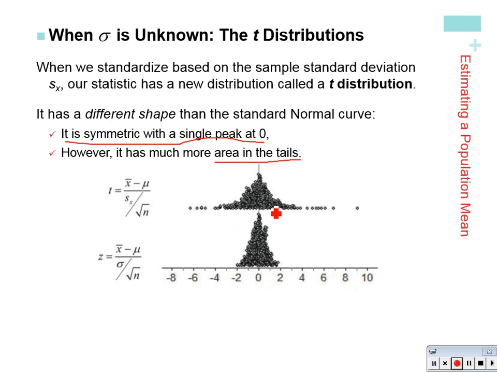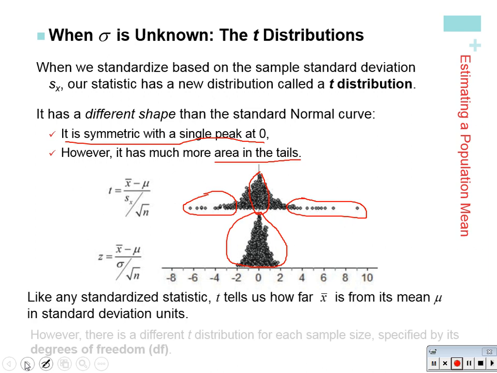If you compare these two graphs, this is what a normal distribution looks like, where most of your data values are clustered at the center with not much area in the tails, whereas a t-distribution doesn't have as high of a peak, and there are more data values scattered about in the tails.